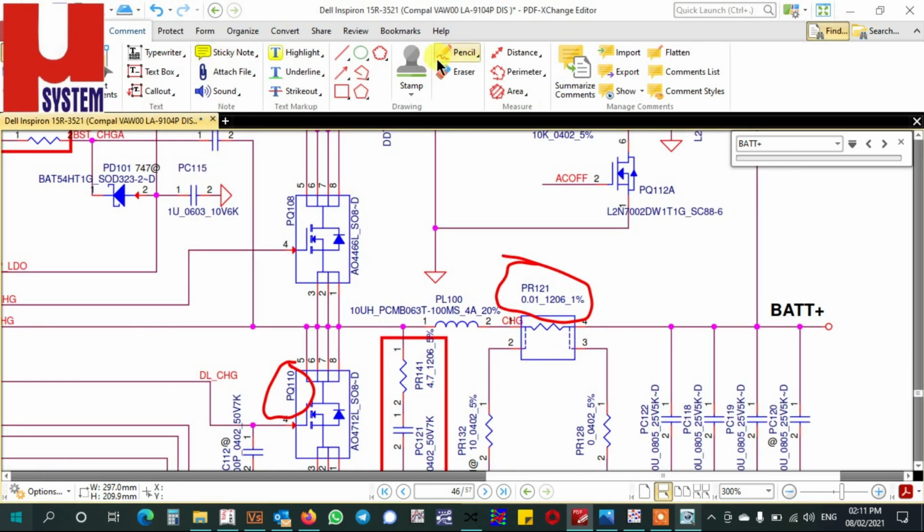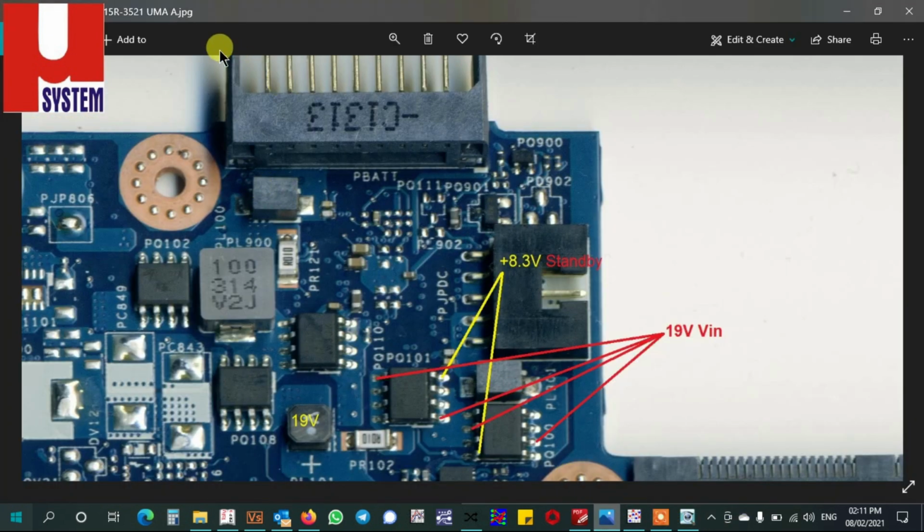So after this, we have checked this MOSFET PQ110 and PQ108. We have checked both of them. PQ110 is over here and PQ108 is over here. This MOSFET is showing me with the drain.